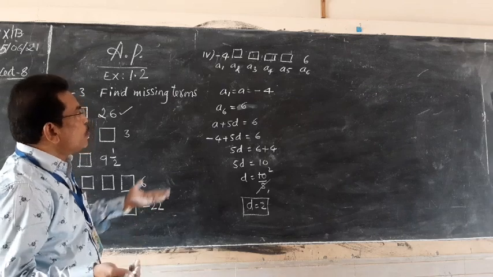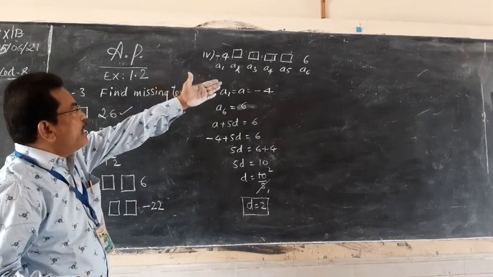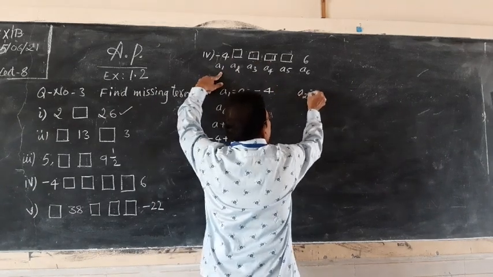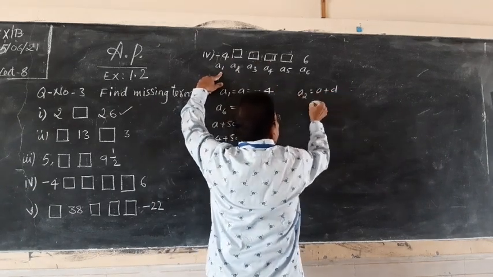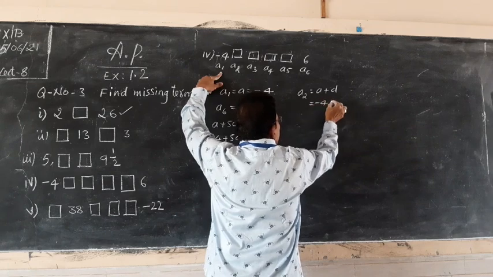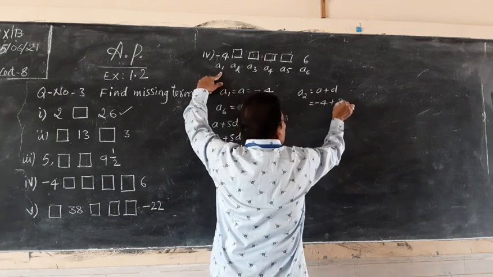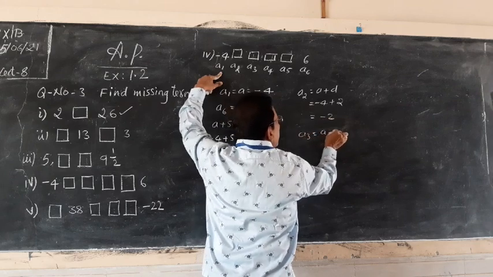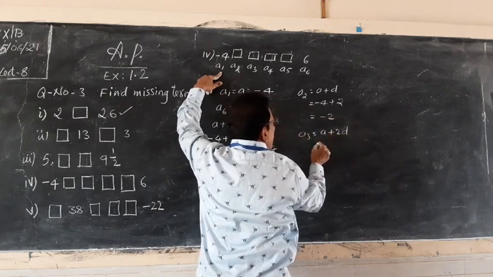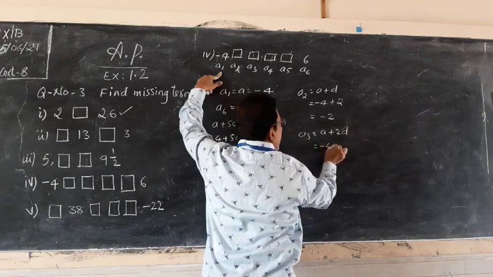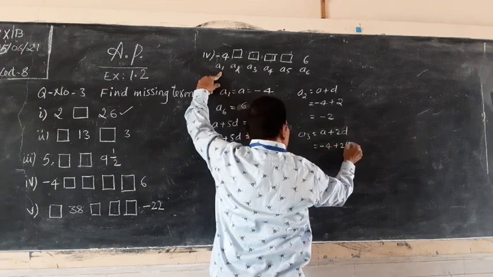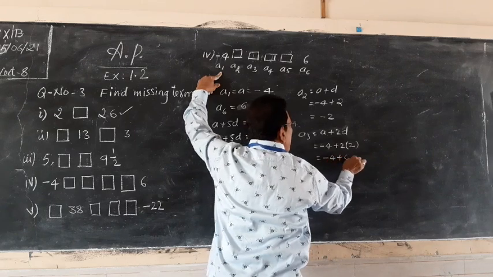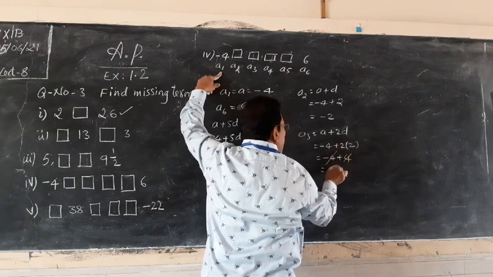Now let us move to find A2, A3, A4, A5. A2 is a plus d, that is -4 plus 2, which is -2. A3 is a plus 2d, that is -4 plus 2 into 2, that is -4 plus 4, which gets cancelled, so 0.